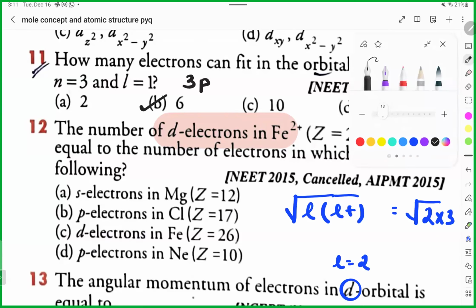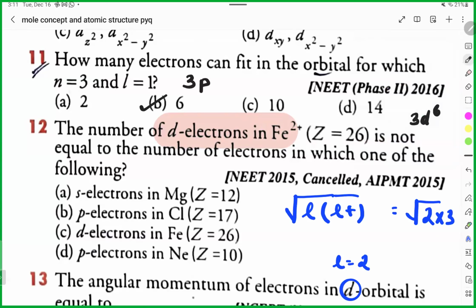If you see here, f electron in the magnesium, s electron will be 2. P electron in chlorine, it will be 3p5. D electron in Fe, 3d6.